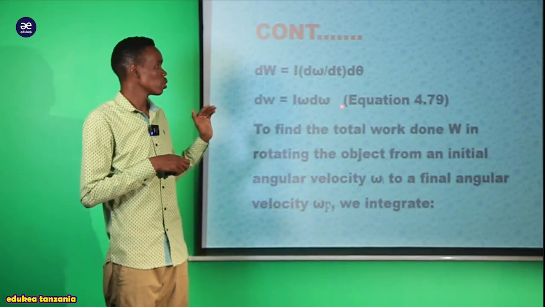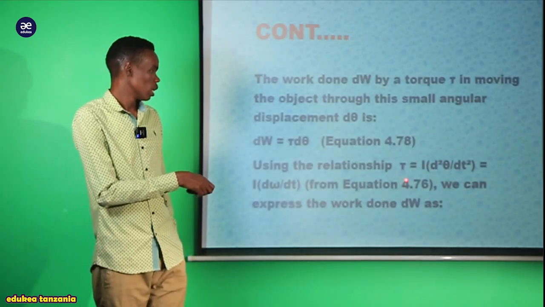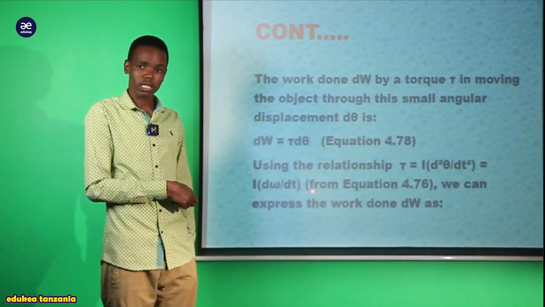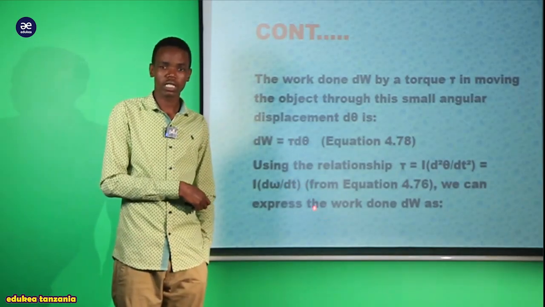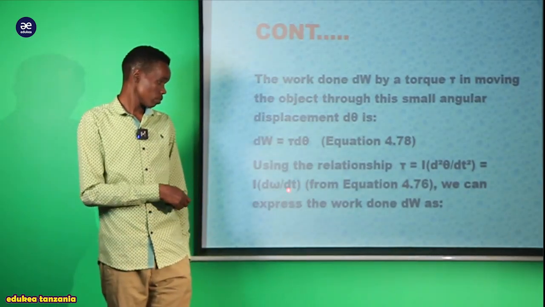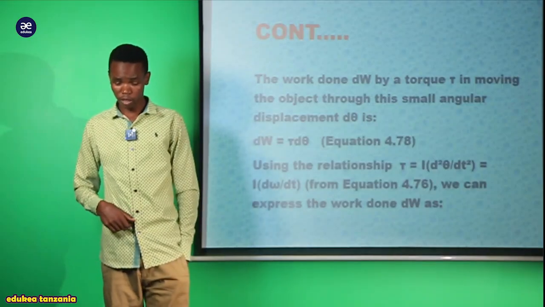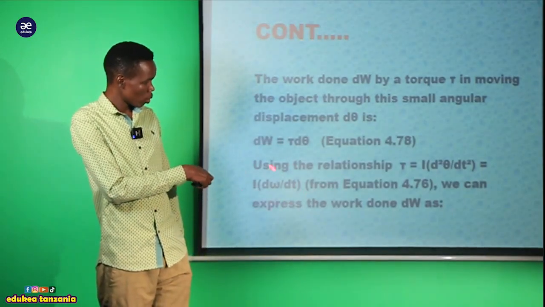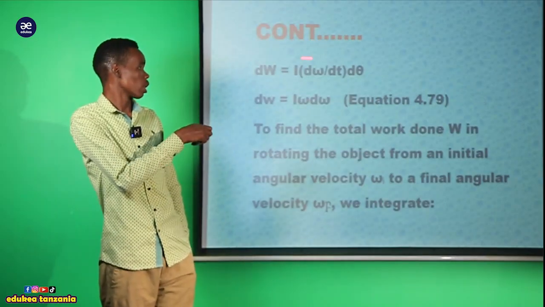Lakini sasa tumeshaona huyo torque tumeshamdemonstrate tukampata ni sawa na moment of inertia times the first derivative of the angular velocity, as we try. Kwa tukimchukua huyo hapo tukienda kumsubstitute hii equation ndio inakuja.